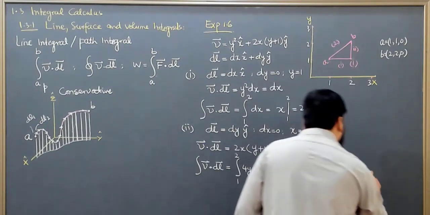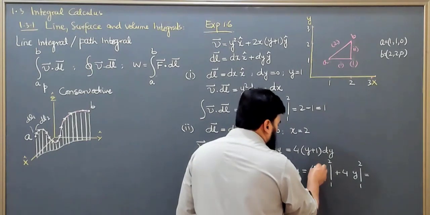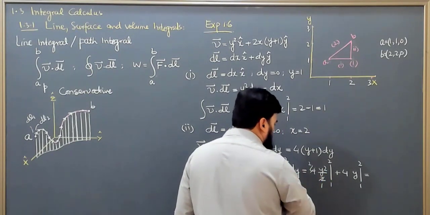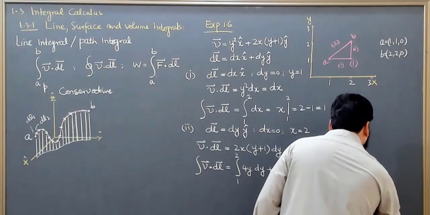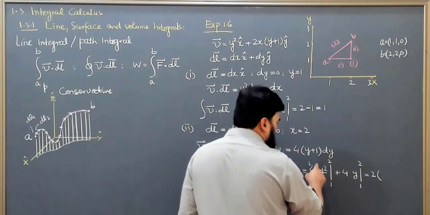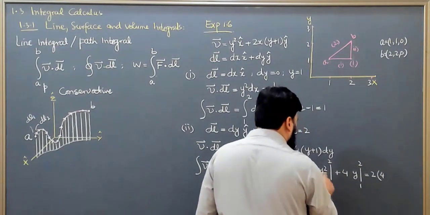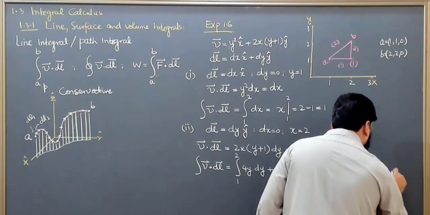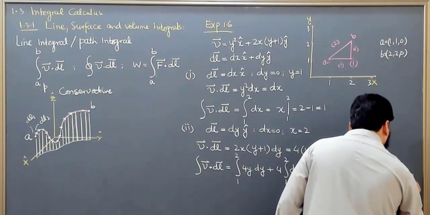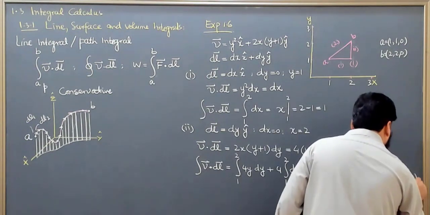If I simplify this, 2 ones are 2, 2 twos are 4, so I'm having 2, and then put the limits: 2 square is 4, minus 1 square is 1, plus 4 into (2 minus 1), which is 1.